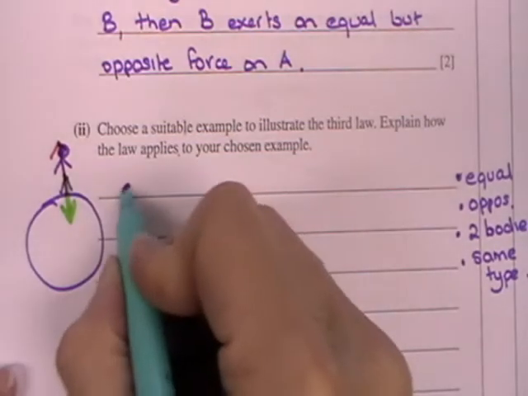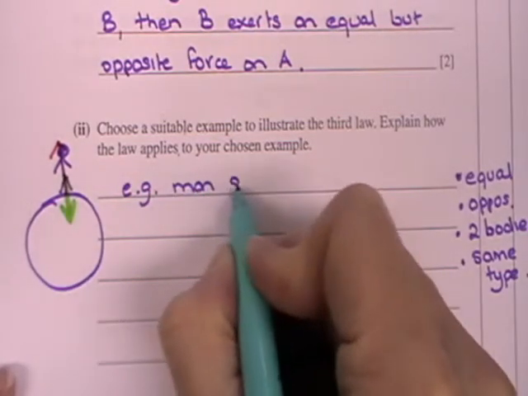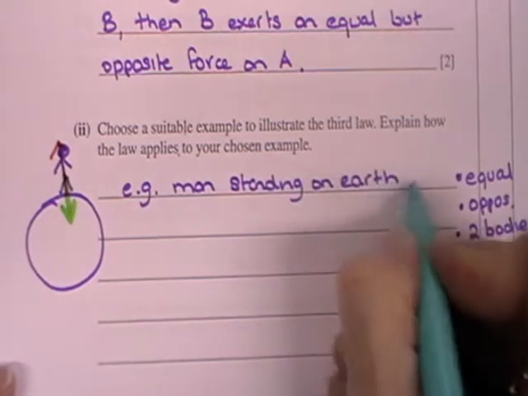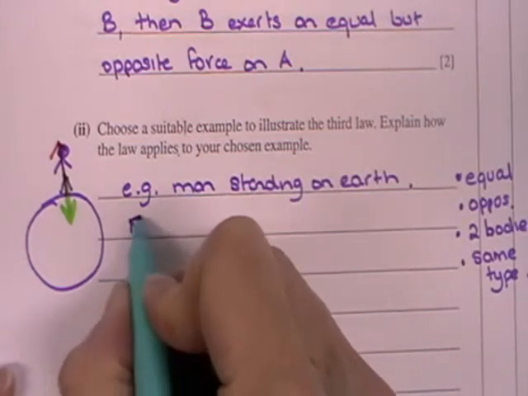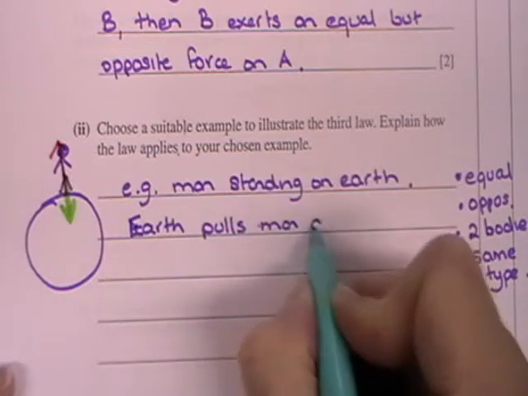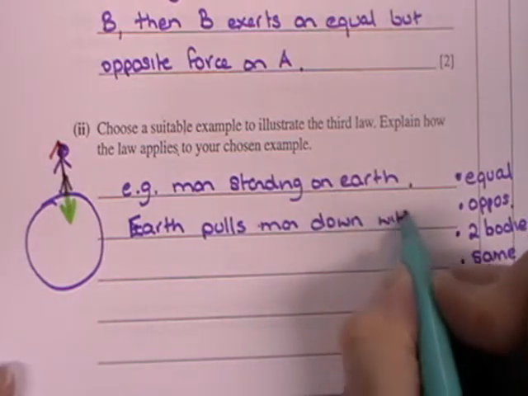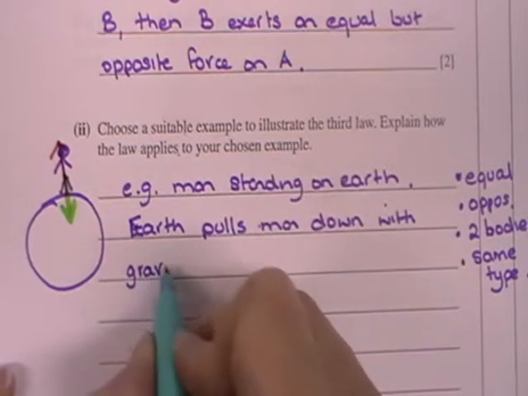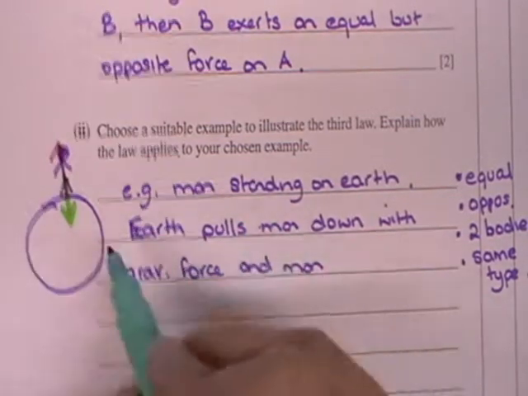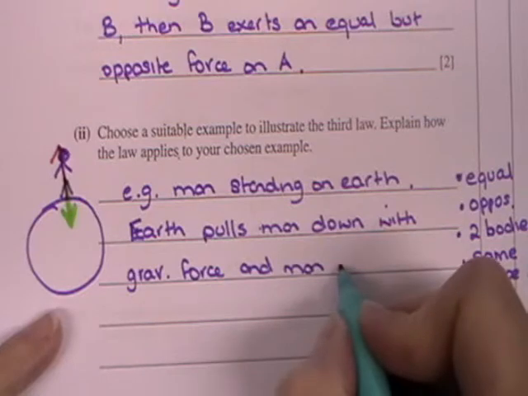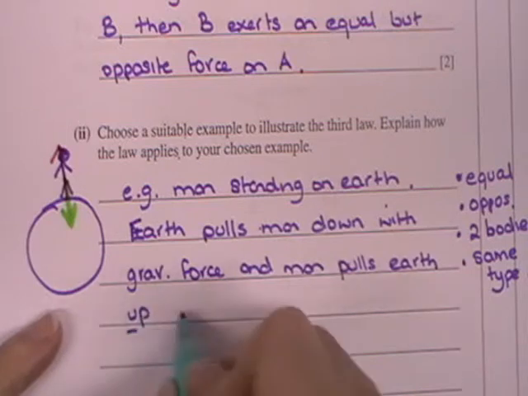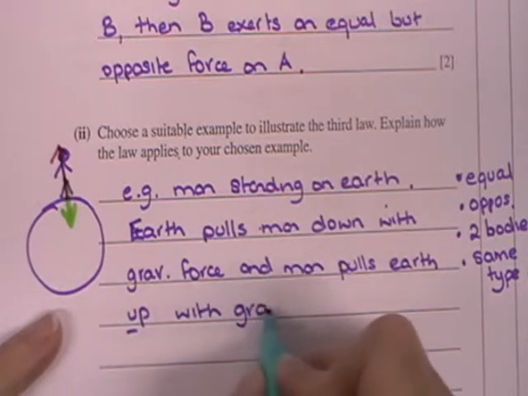So, for example, man standing on earth, and then you're going to say the earth pulls man down with a gravitational force, and man, so you just swap the two things round and swap the direction, the man pulls earth up with a gravitational force.